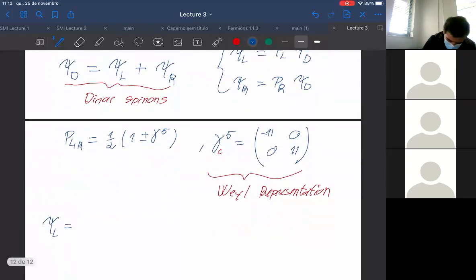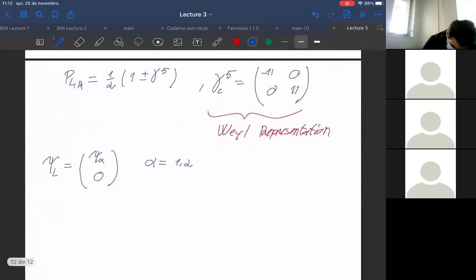And this psi L is written, so in this chiral basis, the convenience of the chiral basis or Weyl basis, so using the Weyl representation of the Dirac gamma matrices, is that you can write this like that, psi alpha, 0, with alpha equal to 1, 2, and you can write also psi R equal to 0, psi beta dot (or alpha dot, doesn't matter, let me write beta dot), with beta dot going over 1, 2.